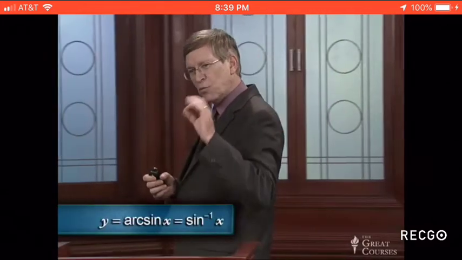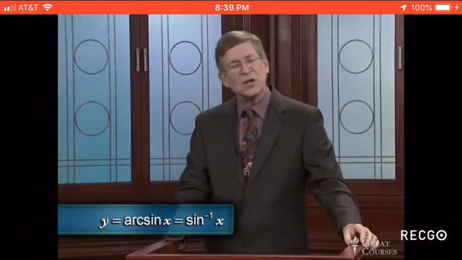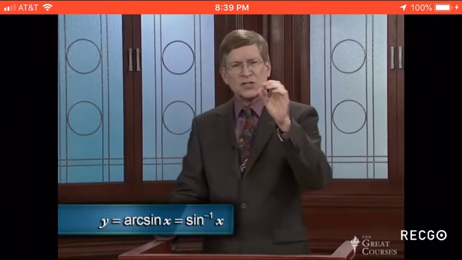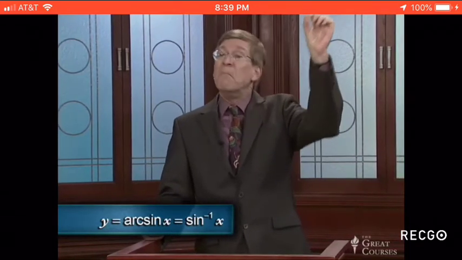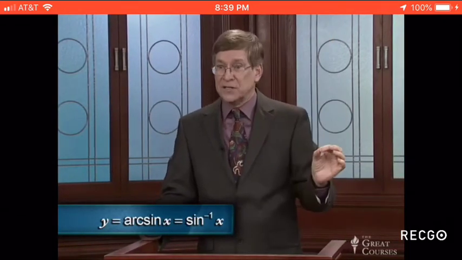Well, remember, the range of the sine function was minus 1 to 1. That becomes the domain of its inverse. And in a similar fashion, the domain of the restricted sine function is minus pi over 2 to pi over 2, and hence that becomes the range of arcsine. Again, that notation is y equals arcsine x, or sometimes you'll see it written as sine inverse, a little minus 1, of x.